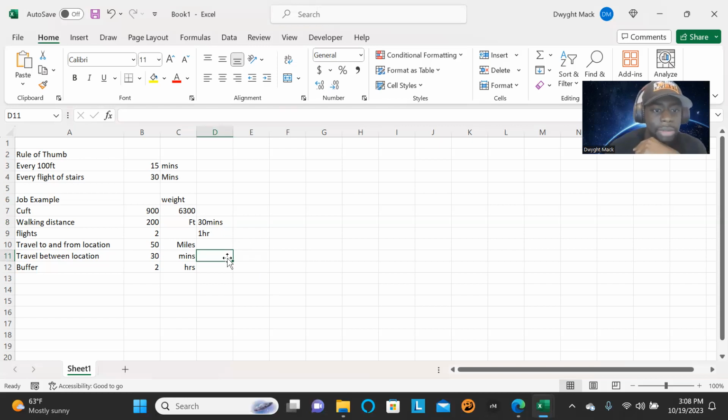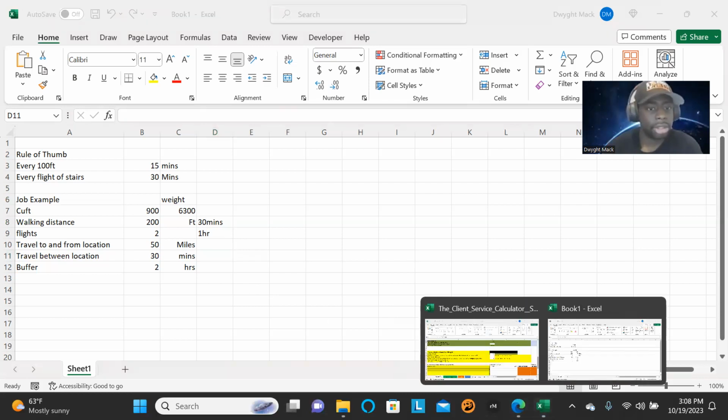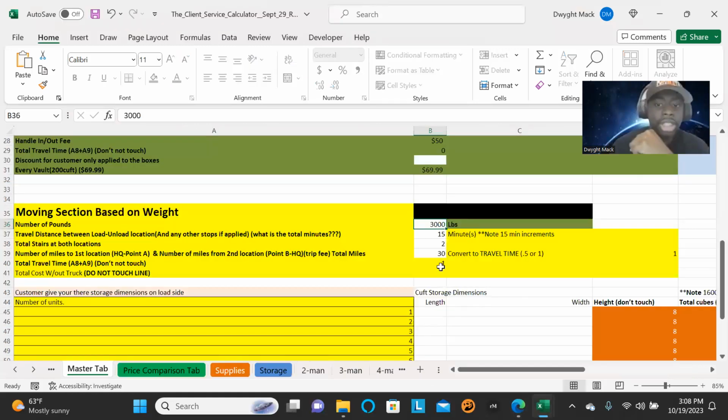Now, typically, I'm going to just plug this into my chart because there's a lot of math here. This is a chart that we typically use in-house where we put in these metrics. So we're going to have 6,300 pounds.